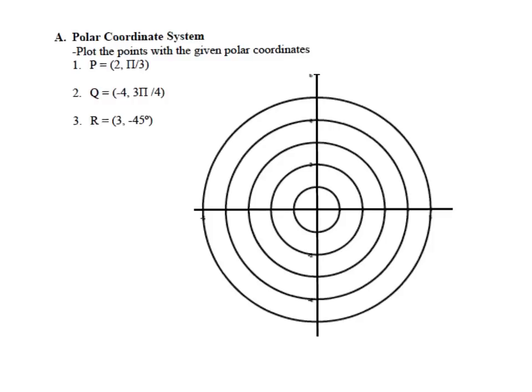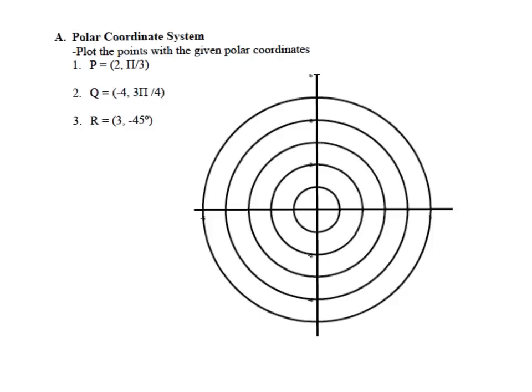That means we're going to go somewhere out in this direction here. And the distance we want to go is 2. So our final point for number 1 would be right about here. This would be point P. It's in the direction of pi over 3 and a distance of 2.